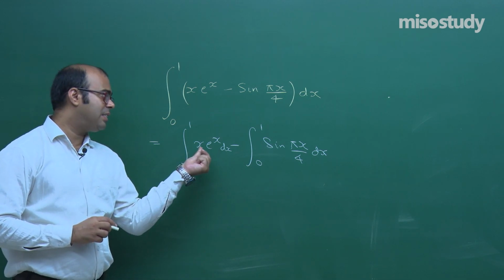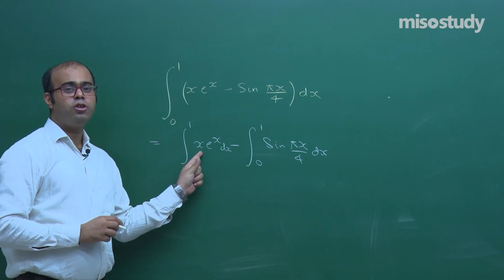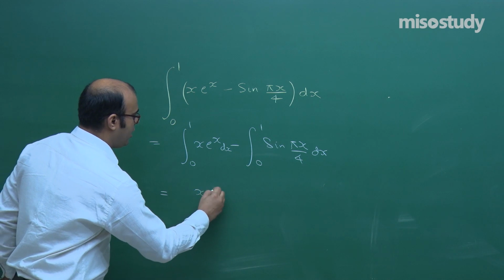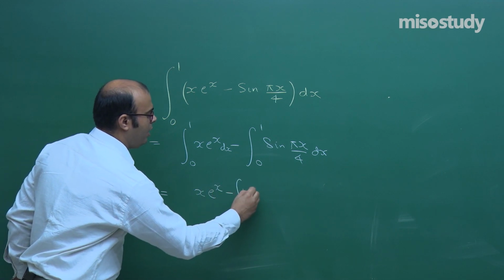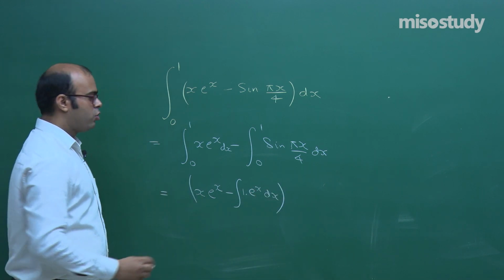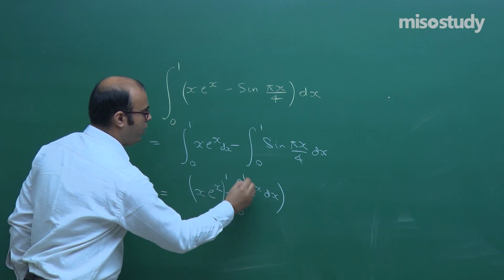because it is a product of two functions, x and e to the power x. X is algebraic, e to the power x is exponential. So this will be v, this will be u, first function and then second function. So first function times integral of second, minus integral of derivative of first, which will be 1, times integral of second, which will be the same, e to the power x, from 0 to 1.